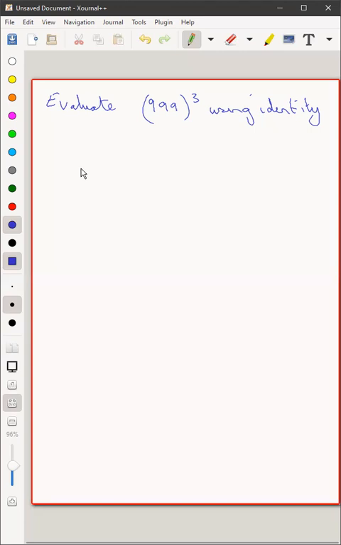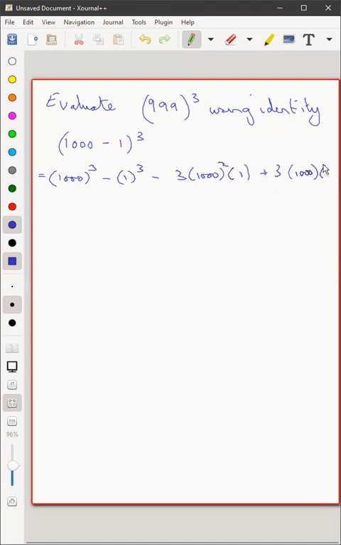Ananya, that is correct. Aryan, let's solve this. Yes, sir. So it would be 1000 minus 1, the whole thing cube, is equal to 1000 cube minus 1 cube minus 3 into 1000 square into 1 plus 3 into 1000 into 1 square.